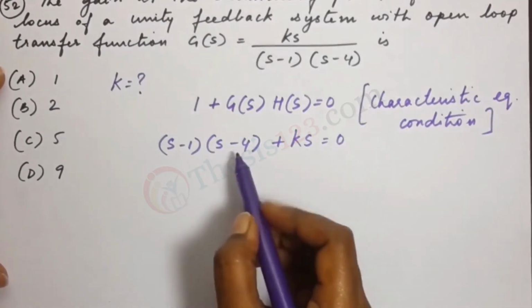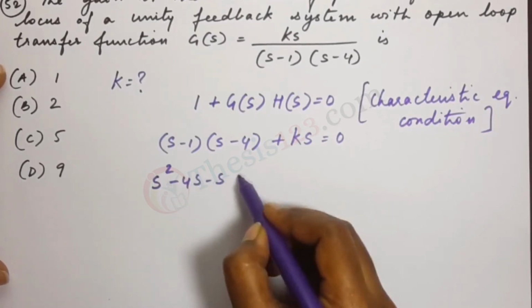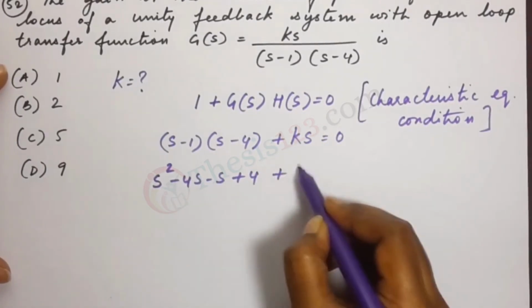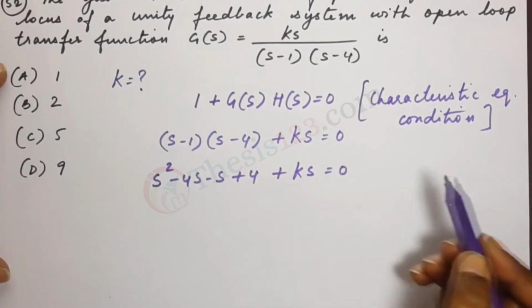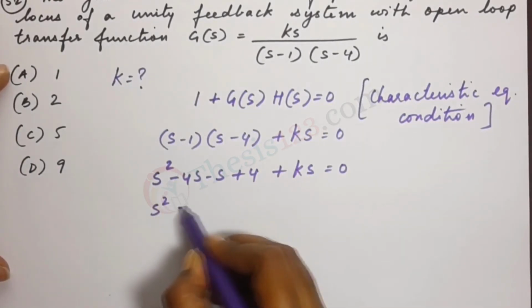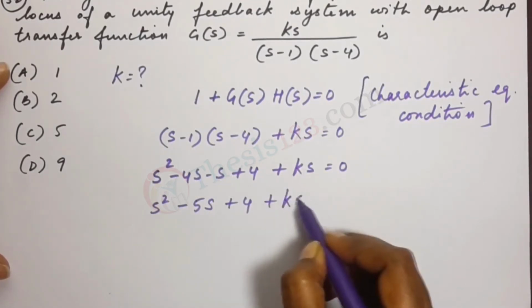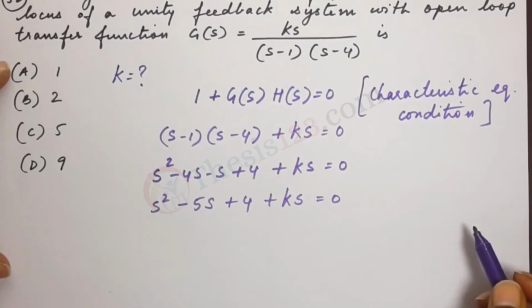Let's open up the brackets here. So we have s squared minus 4s minus s plus 4 plus Ks is equal to 0. Solving further, we get s squared minus 5s plus 4 plus Ks is equal to 0.